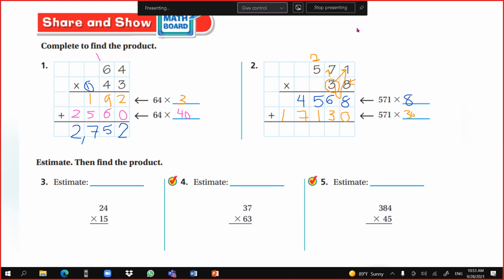You write them down. Was it right? Then now what do you have to do next? First step, you multiplied 8 with 571. Then you multiply the 3 by 571. Then what do you have to do next?